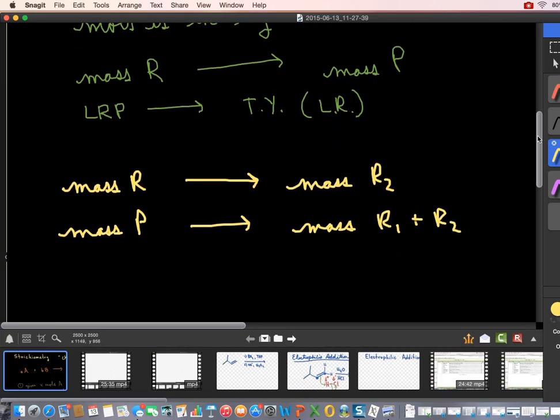The second type of problem that I can have is if I have molarity.